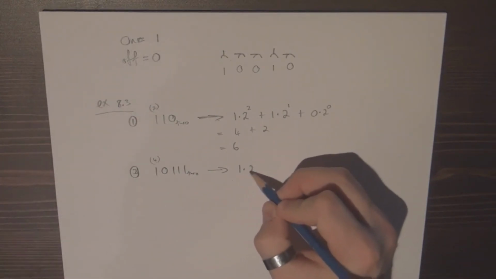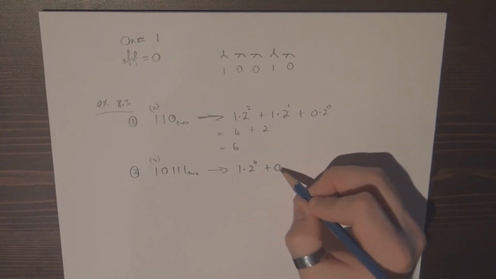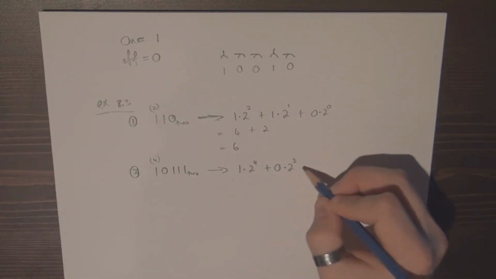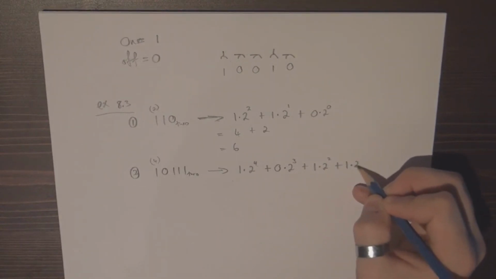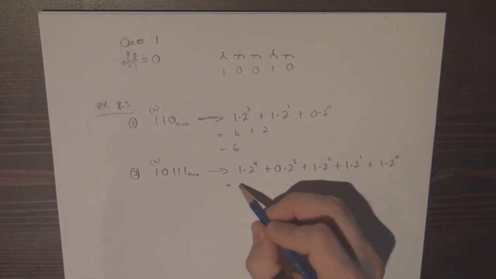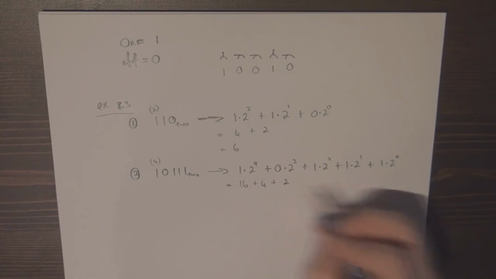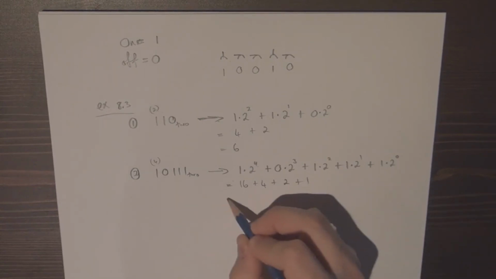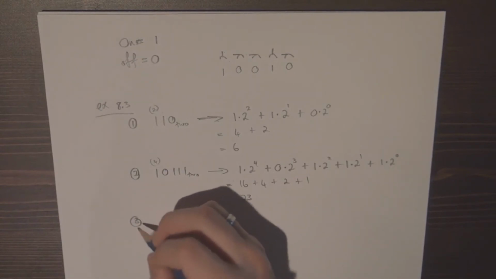So I have one group of 2 to the 4, plus 0 groups of 2 cubed, one group of 2 squared, one group of 2 to the 1, one group of 2 to the 0. So I have a 16, a 4, a 2, and a 1. So that is 23. Let's do one more before we wrap it up.